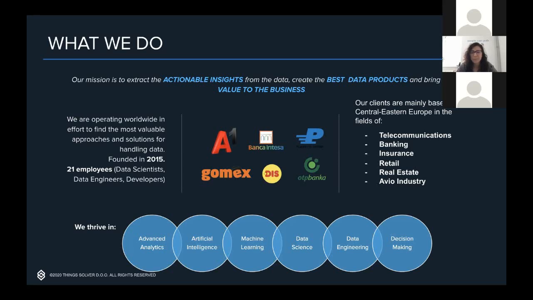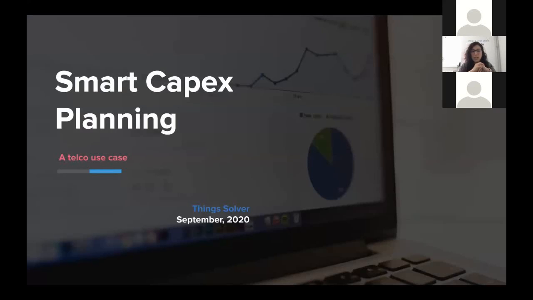We have projects and clients coming from different industries like telecommunications, banking, insurance, retail, real estate, the aviation industry, etc. Here you may see some of our biggest clients: A1, Telekom Austria Group, Banca Intesa, Planet Sport, Gomex, DIS, OTP, etc. What we are going to talk about today is smart Capex planning, so capital expenditures, and the use case is a specific implementation in the telecommunications industry.